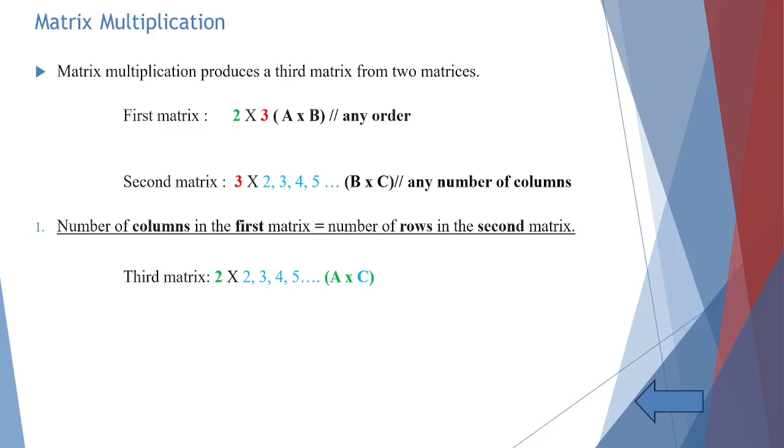C may be 2, 3, 4, 5, the columns of the second matrix. So the third matrix must be A by C.